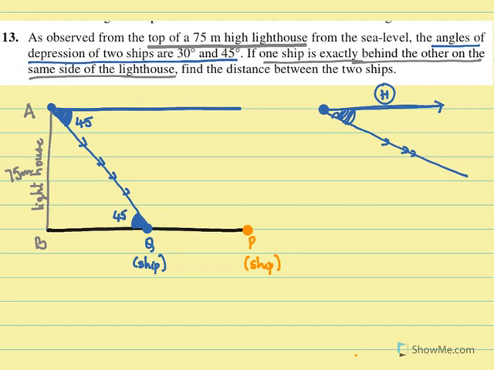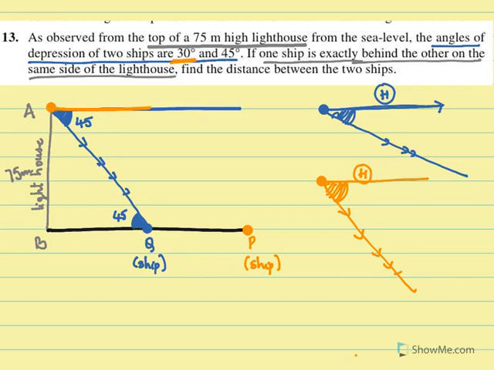Now it's time to take up the next ship. Now the next ship, they said the angle of depression is 30. So again I repeat, when I want to draw angle of depression, I first mark my horizontal at my point of observation, and from the horizontal then I do my line of sight. I'm looking down. This angle will be my angle of depression. So let's draw the horizontal at A, and from the same point A, I'm looking at the other ship.